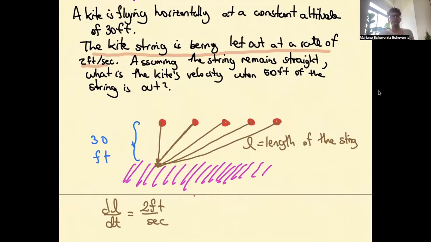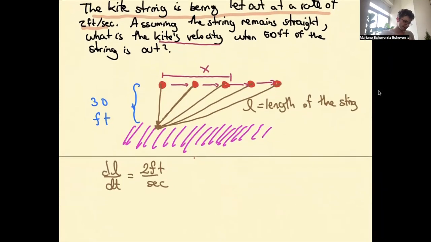Now, what is the problem asking for? The problem is asking for the kite's velocity, right? So the kite again is moving this way. So what you can do is call this x. You can call the position of the kite from some point x.